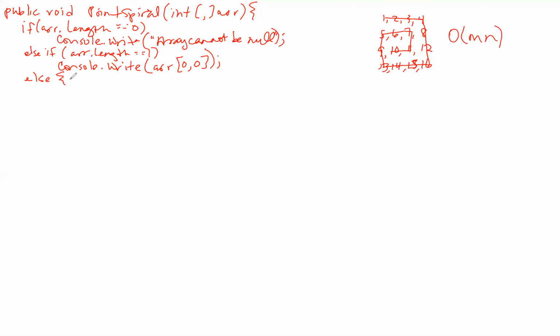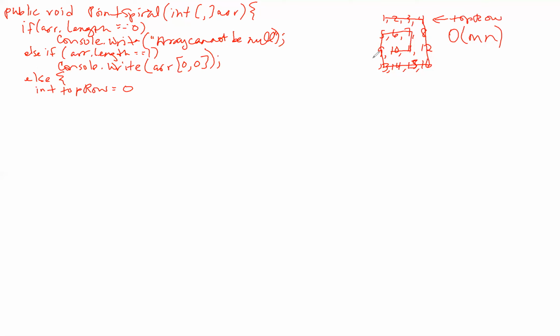Okay, and we're going to need to keep track of a few things. We're going to have our top row, and that starts at 0. So this is kind of always the top row.